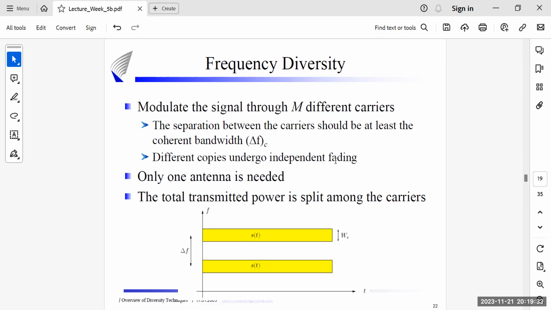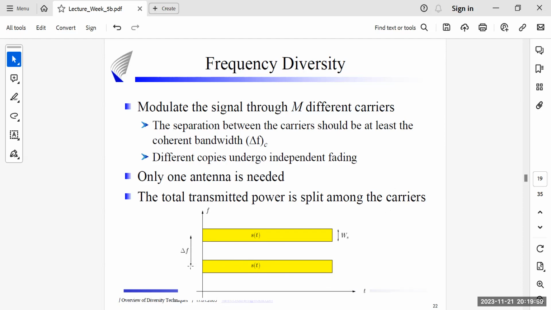Different copies undergo independent fading. Only one antenna can be used in that case. You can have multiple antennas, but one antenna would be sufficient. The total transmitted power is split among carriers. Obviously, if you're using F1, F2, F3, then with each frequency you need to divide the overall power. You can see in this figure, this is S(t), and this is S(t).